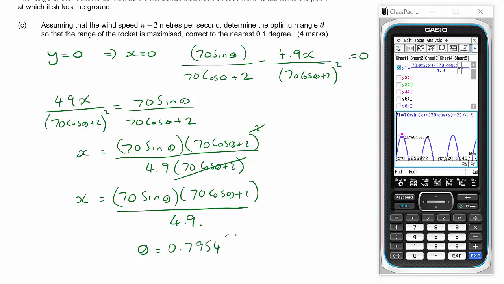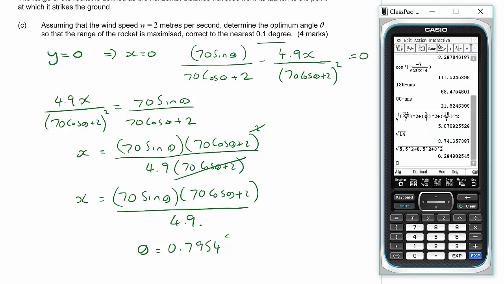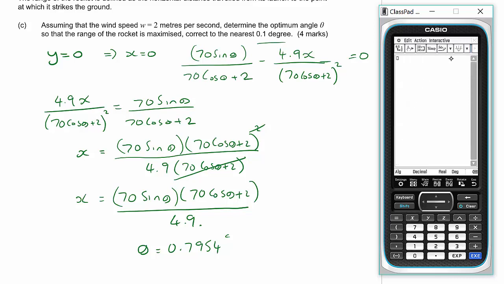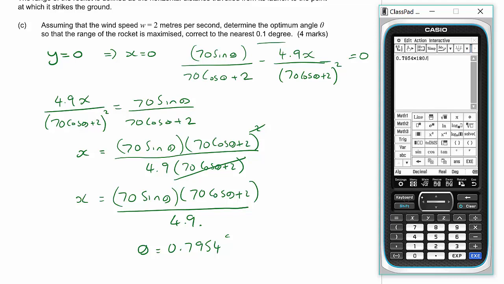And they probably want the answer in degrees, which they do. So let's go back to main, and I'll just clear all the rubbish that's on the screen. And so 0.7954, let's multiply that by 180 and divide by pi, and that's 45.6 degrees.